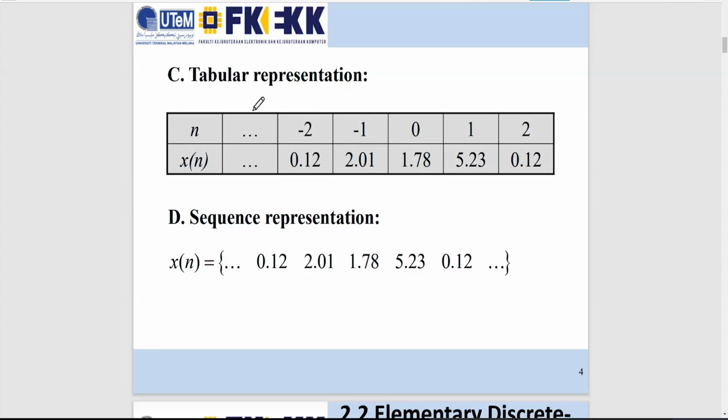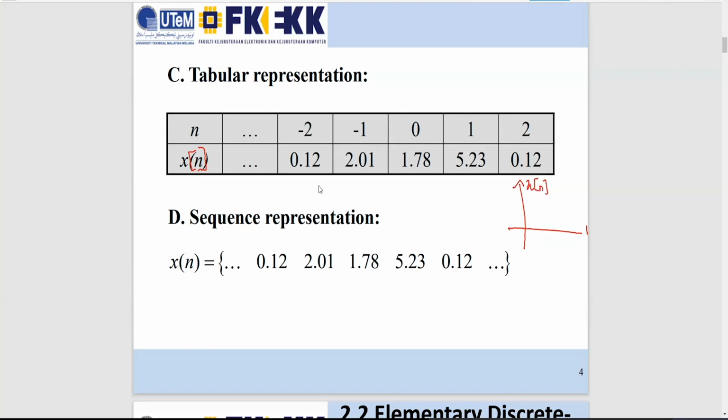The third way to represent the signal is to tabulate it as a table, like 2 times 7 here. We have n, where the first row would be the integers, from minus infinity, let's say, until 2. Then this is x[n]. Here we also need to remember the square brackets. This is the value of n, so if we want to build the graph, this is n and this is x[n].